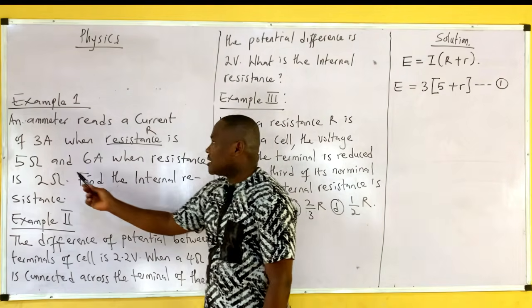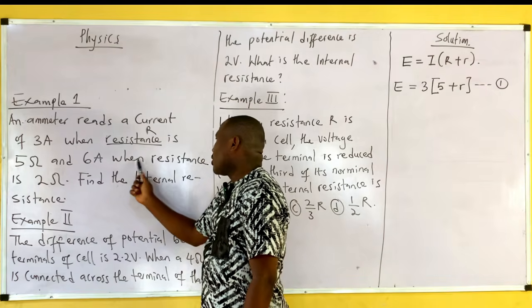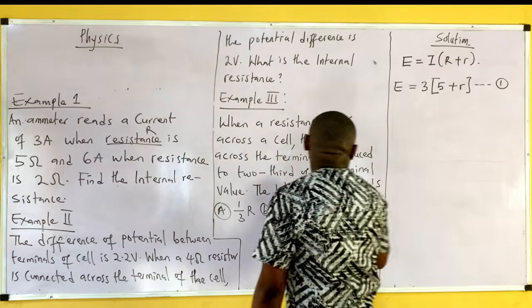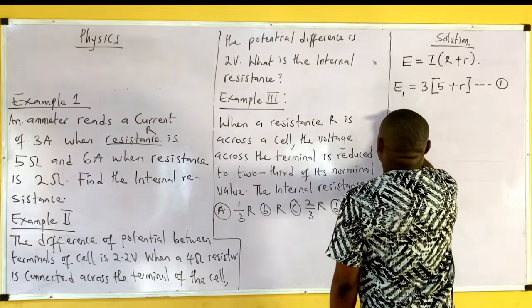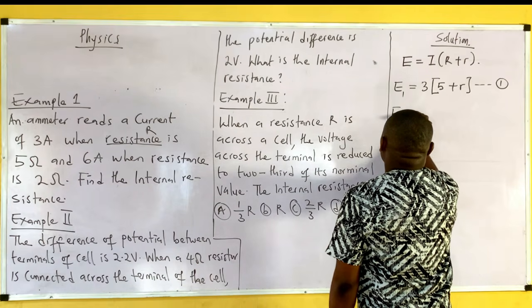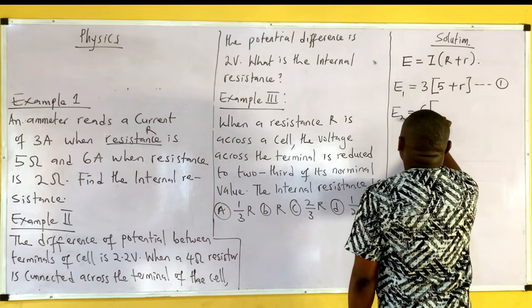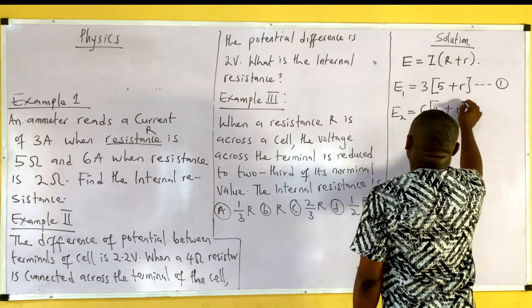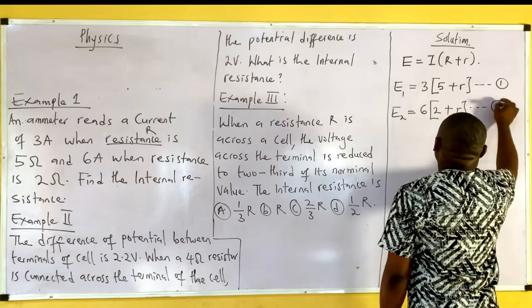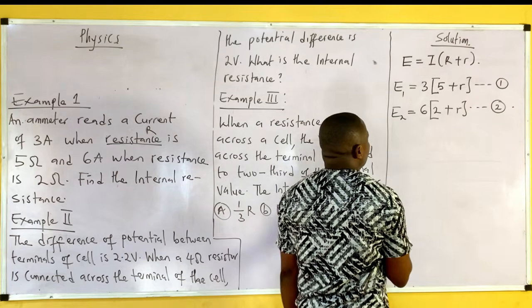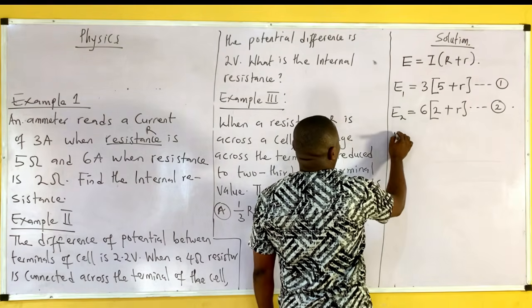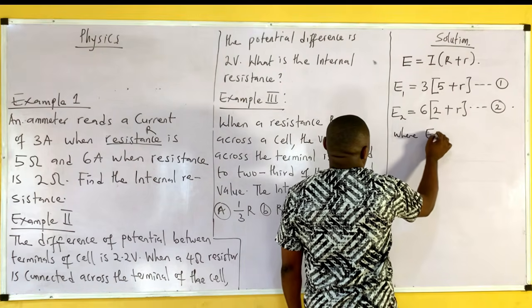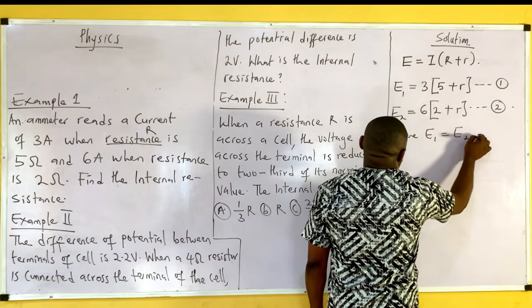Then the second statement says 6 ampere when resistance is 2 ohms. So I have this as E1. So now my E2 is 6, when resistance is 2 ohms, 2 plus r. I'll call this equation 2. Now I will say where E1 equals E2.